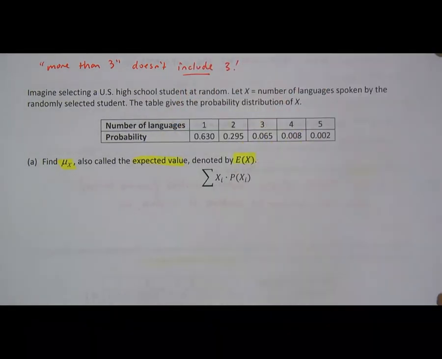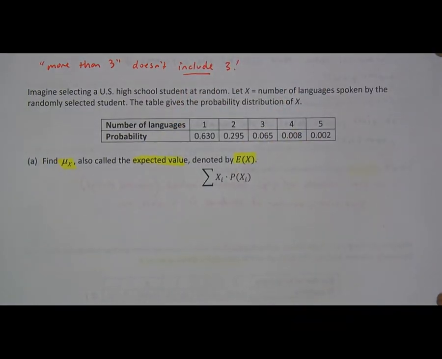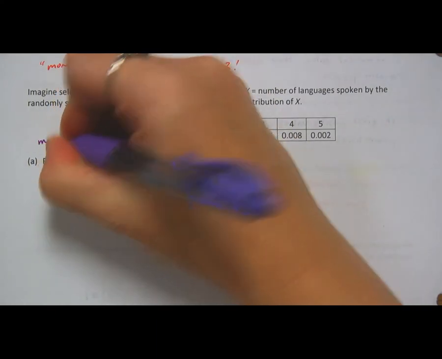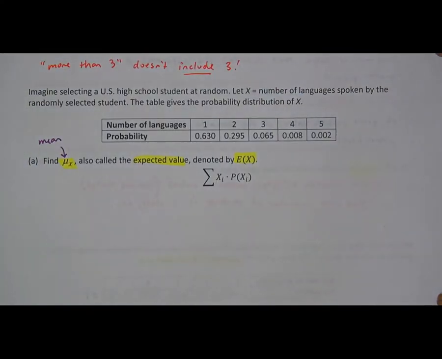You might see this symbol here, capital E of X, the expected value. Remember that mu stands for the mean or average. So first things first, I want you to know that these terms are interchangeable. If I tell you to find the average or mean number of languages spoken, or if I tell you to find the expected number of languages spoken, mathematically, those are the same thing, okay?